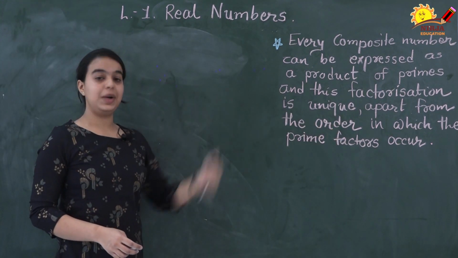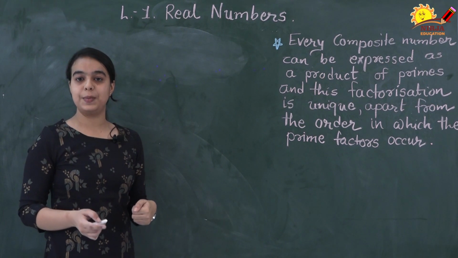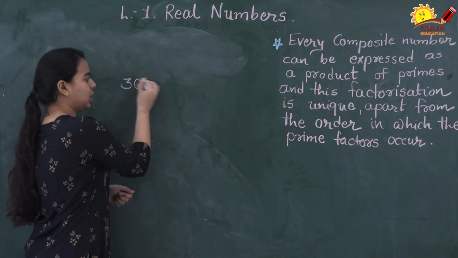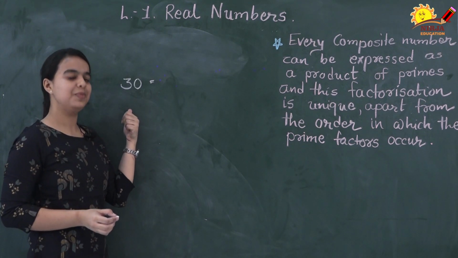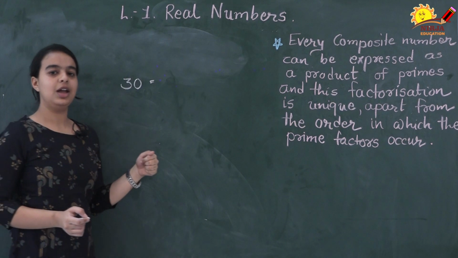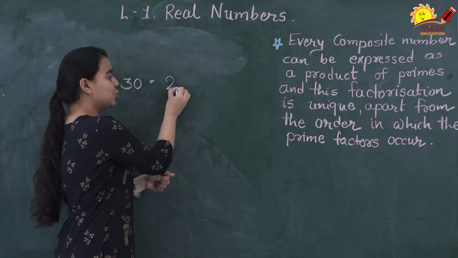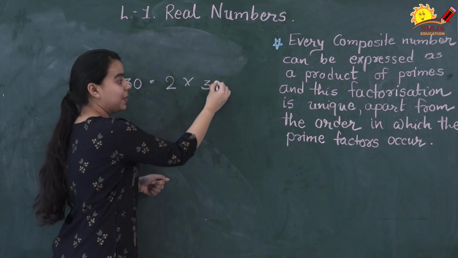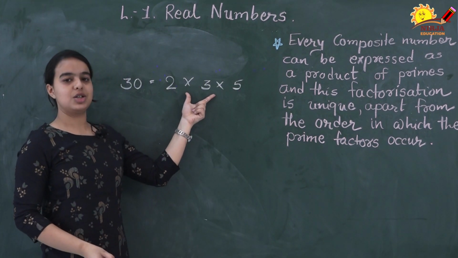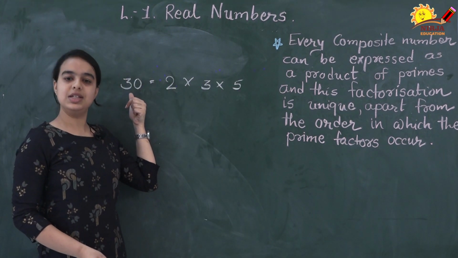Let us see this fundamental theorem of arithmetic by one example. Here I am taking one composite number which is 30, right? 30 is a composite number, yes? Okay. If I do the factorization of 30, it can be 2 multiplied by 3 multiplied by 5. This is the prime factorization of the composite number 30.